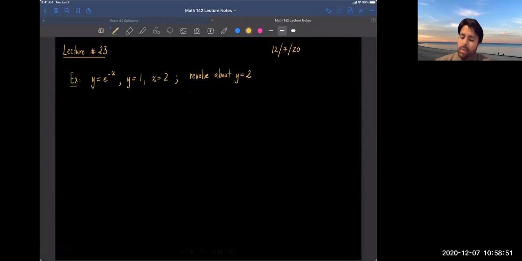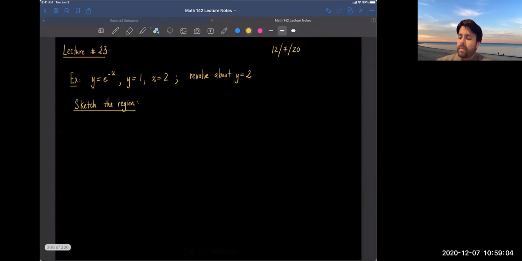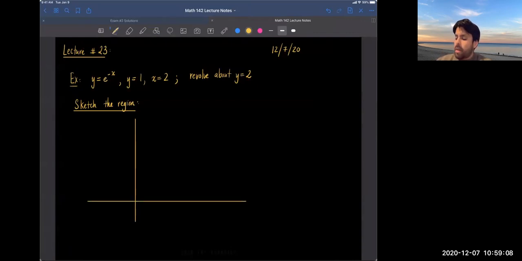So the first thing I would always do is sketch the region. It's my x-axis, my y-axis. So what does e to the negative x look like? What's the graph look like?